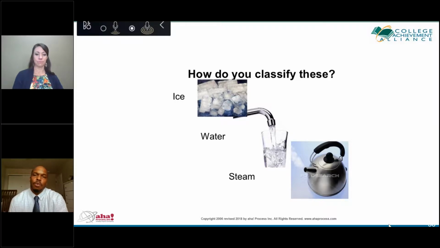But if you strive for 1 degree of change, at the end of a semester, you've made significant progress. When you think about water, water at 33 degrees is just cold, but at 32 degrees is ice. Water at 211 degrees is just hot, but at 212 degrees, it becomes steam.